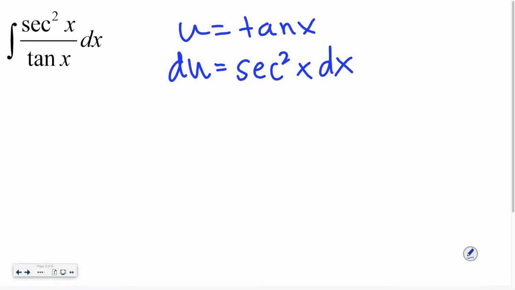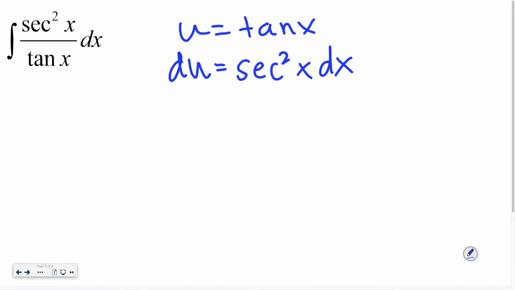Kind of like I said, you have to play it by ear, finagle it a little bit. But we have this vision. We know the process of u substitution and how we need things to match up. And so you being able to recognize that tangent and secant squared are related that way would lead you to want to try to let u equal tangent of x.